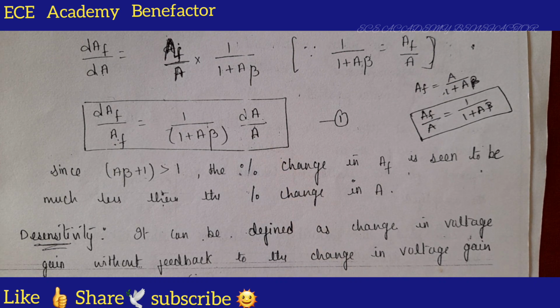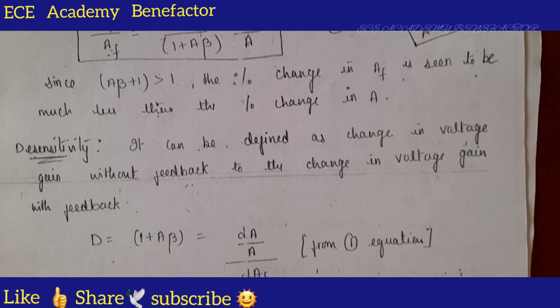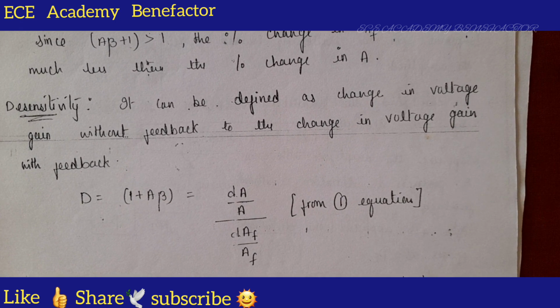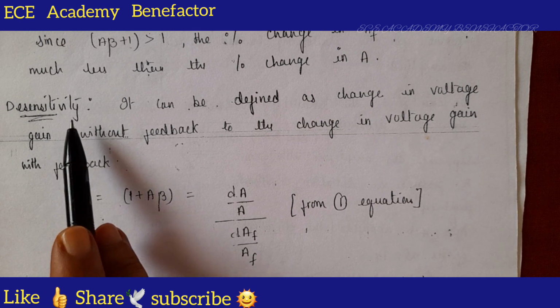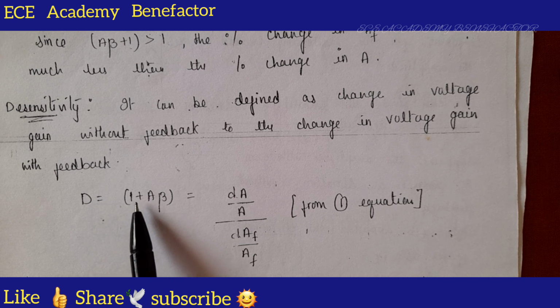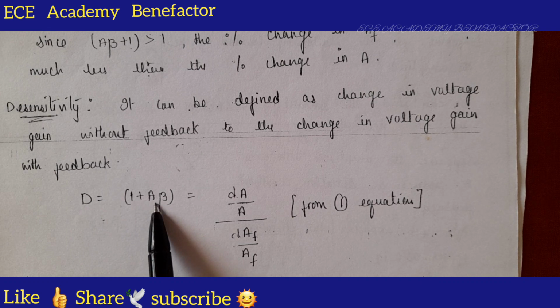After this, we have two important definitions. One is desensitivity and the other is sensitivity. Desensitivity is denoted by capital D. Its equation is 1 plus A beta.